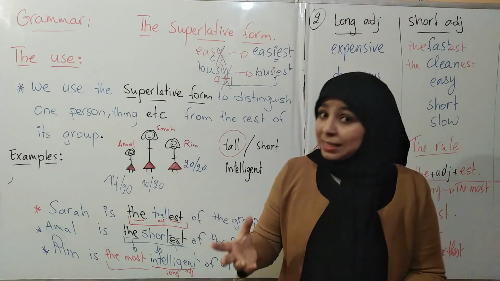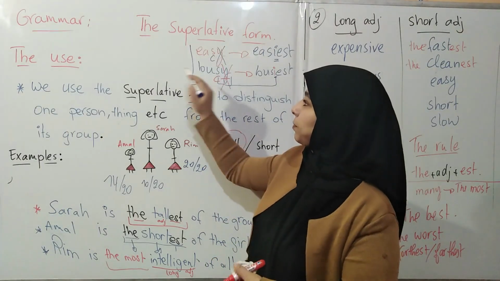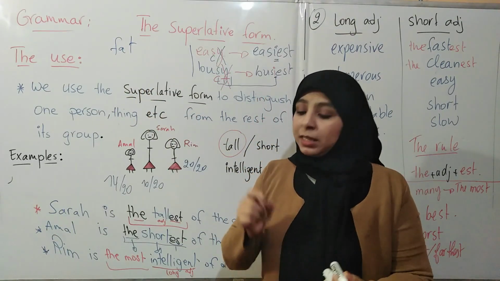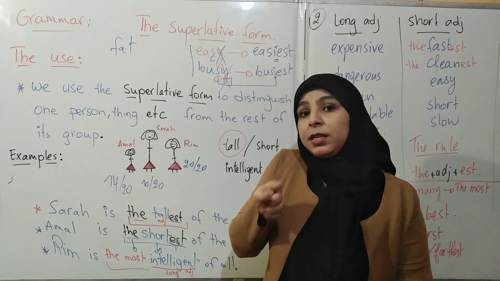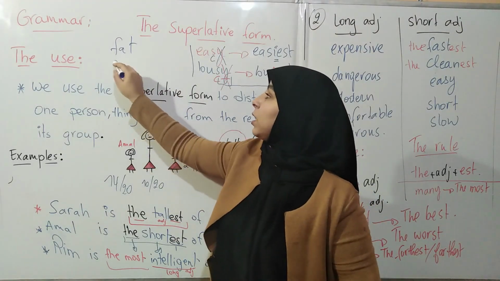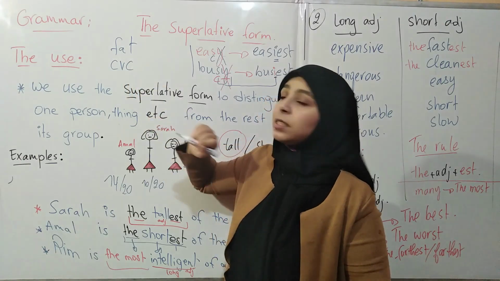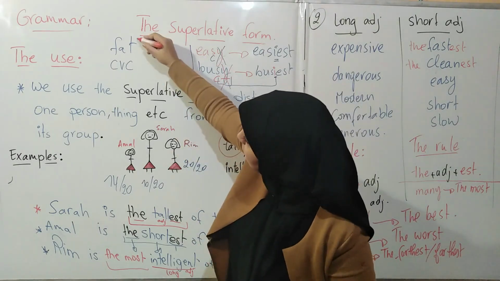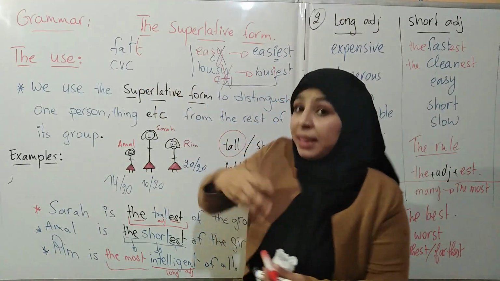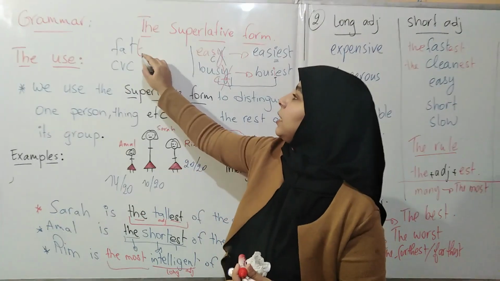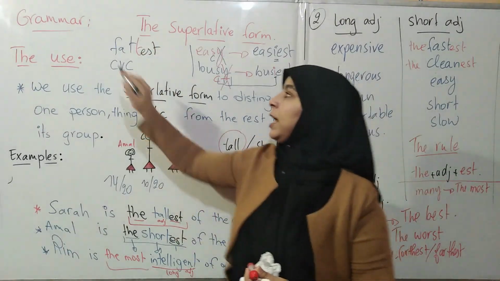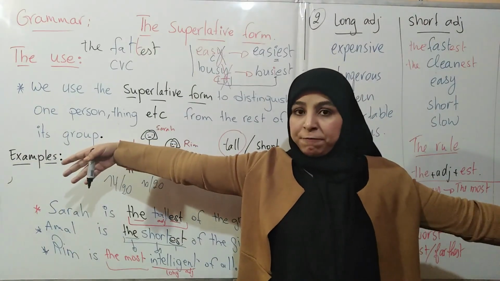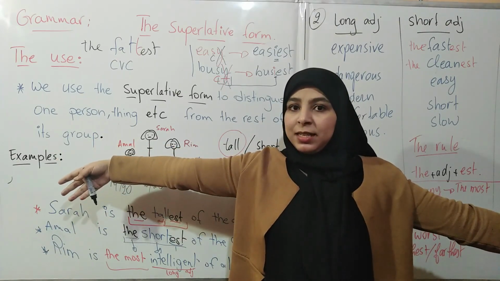Good. The last thing again, which is, for example, when the adjective is too short, like fat, in which you have consonant, vowel, consonant, what should you do? You should double the last consonant, then add est, right? And you say the fattest, fat, very fat, overweight.